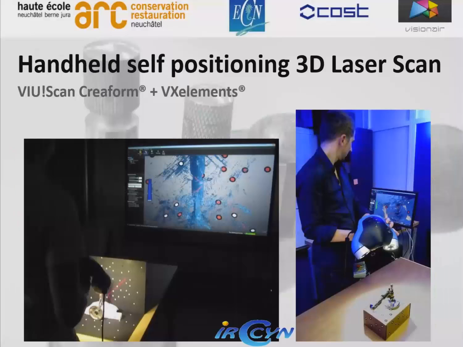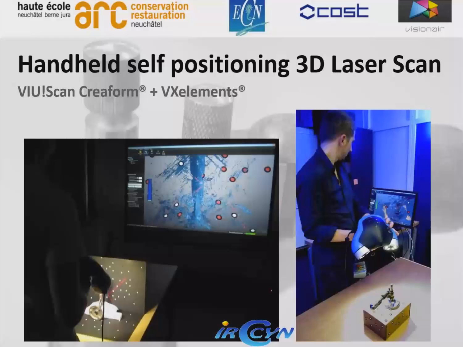So then, here at École Centrale de Nantes with Florent, we tested a handheld self-positioning 3D laser scanner from Creaform. We were not trustful of the technique before, but afterwards we were quite happy with the result.